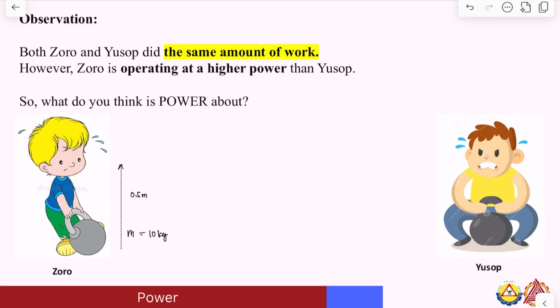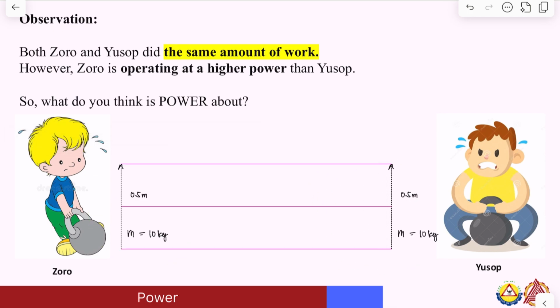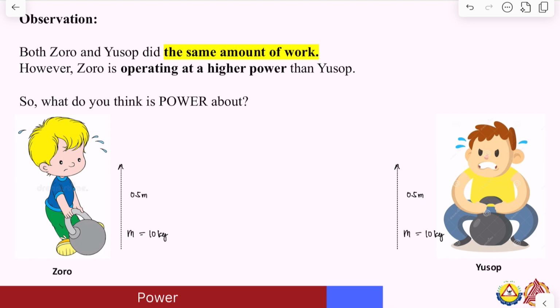So I'm just going to resketch the problem. I'm going to duplicate that here so that you'll understand what I'm talking about. So both of them have to lift 10 kilograms to 0.5 meters.